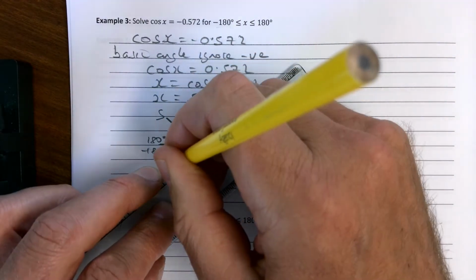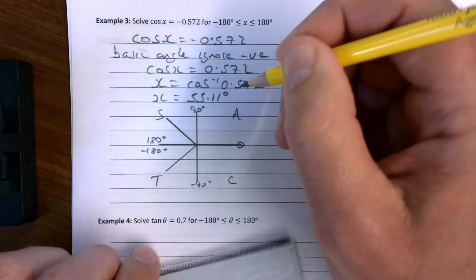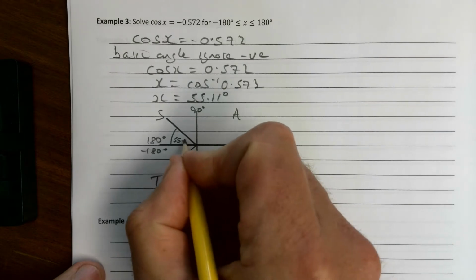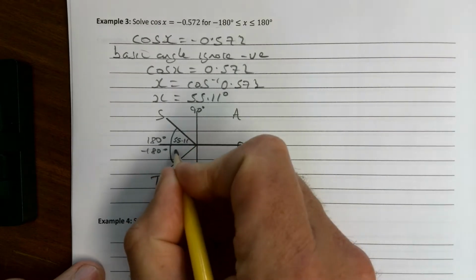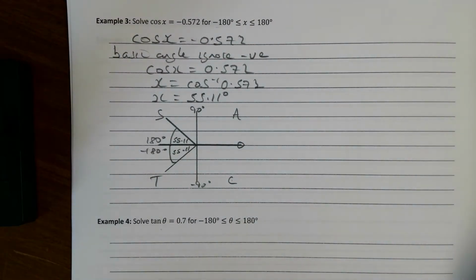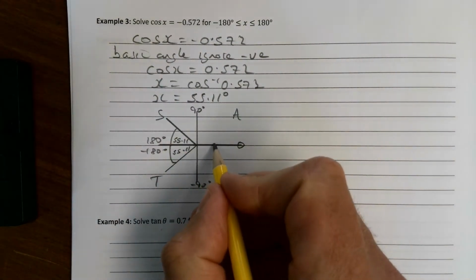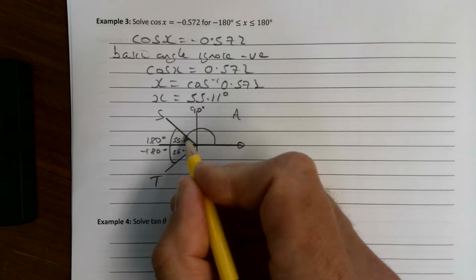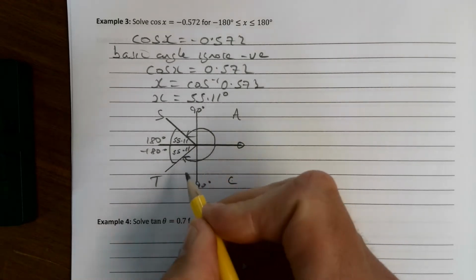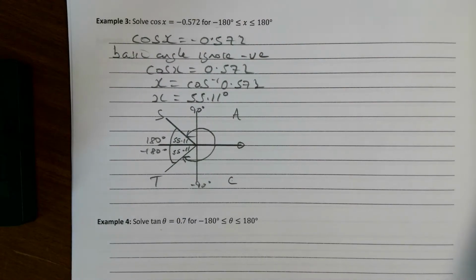So these should always be symmetrical, and they should both then be 55.11, if I can fit that in. Okay, so we want then, always measuring from 0, we want this angle here, and we want this angle here.